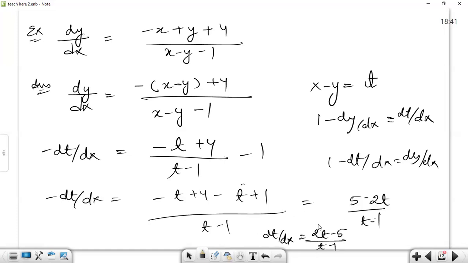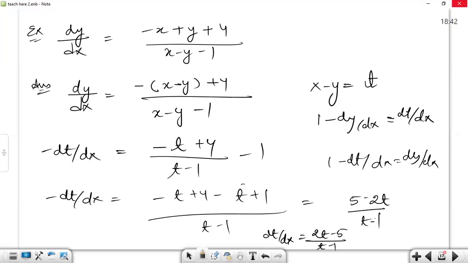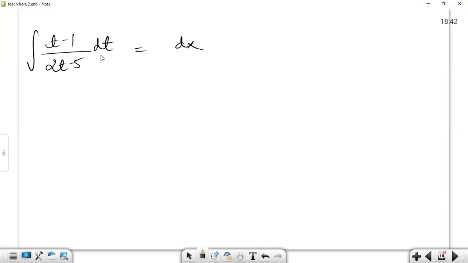Now let's try to separate the variables. We will simply bring all of the t terms to the left hand side, and dx will be isolated on the right hand side. So (t minus 1) upon (2t minus 5) into dt is equal to dx. We can simply integrate it, but for this we have to do something.